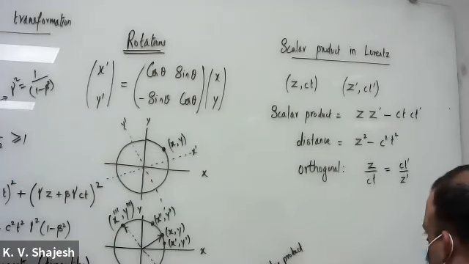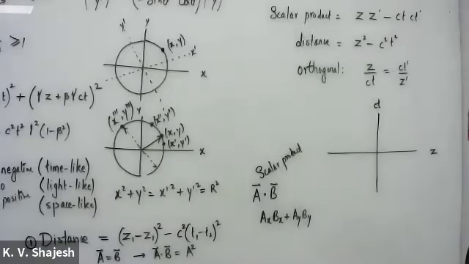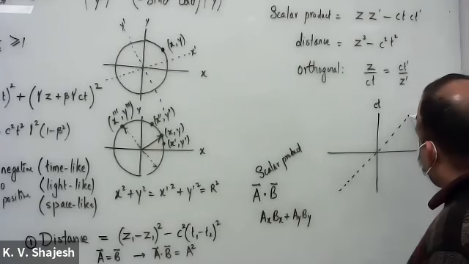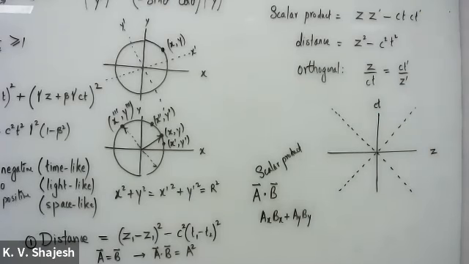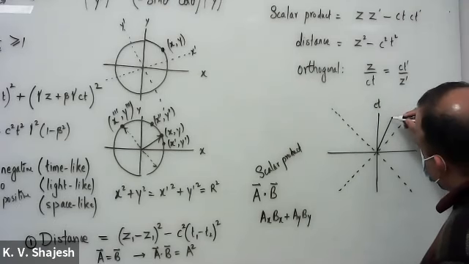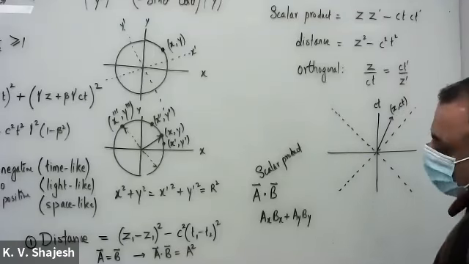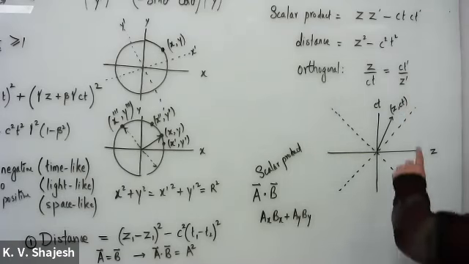So let's see what the orthogonal vectors are immediately. That's your Z and CT. What's an orthogonal vector in this space? Remember again your 45-degree lines, which represent the line along which light will travel. Let's have an arbitrary vector here, that could be your Z comma CT, a vector representing the coordinates z and ct. What is perpendicular to this? The idea is to flip it.